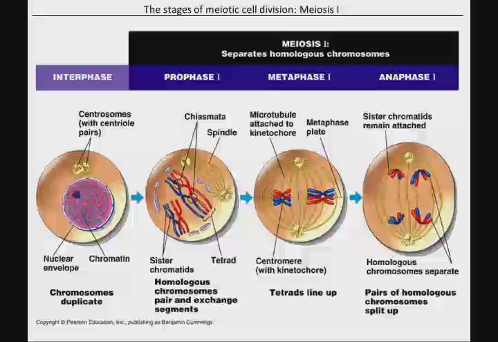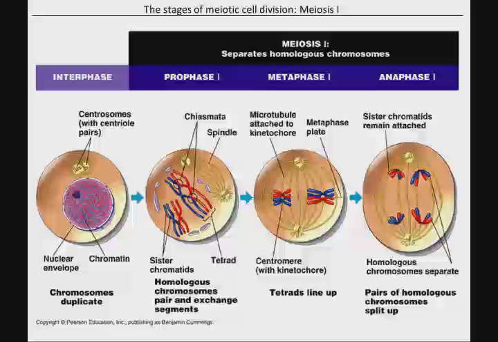And you can see now as they find their homologous partner, they do an event that's called crossing over. And so you see that fancy word pointing to little circles at the crossing over point called a chiasmata. And that literally is where the DNA of the chromosome that you got from your mom crosses over with the chromosome you got from your dad and splits, and they exchange those parts.